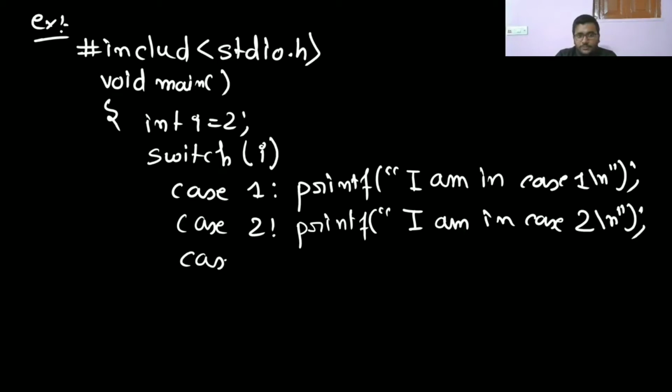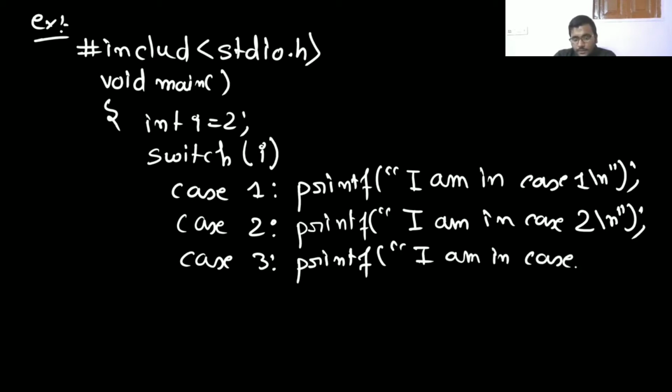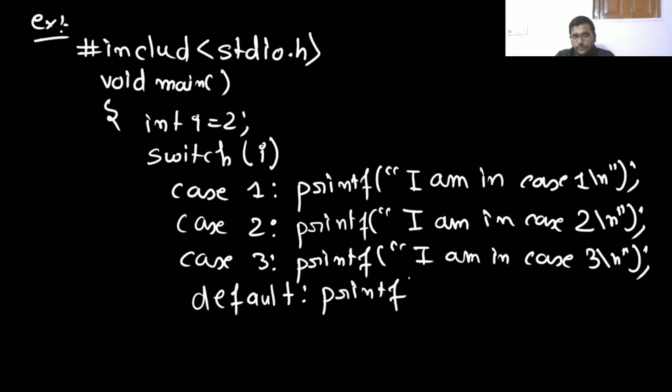Now case 3, सॉरी इट शुड बी कॉलन. इसके बाद केस के बाद जो देते हैं उसका हम कॉलन देते हैं. ठीक है ना, कॉलन है. printf I am in case 3. ओके, उसके बाद हमने यहाँ पे डिफॉल्ट लिख दी, प्रिंटफ आई एम इन डिफॉल्ट, हमने लिख दिए कि ये डिफॉल्ट.